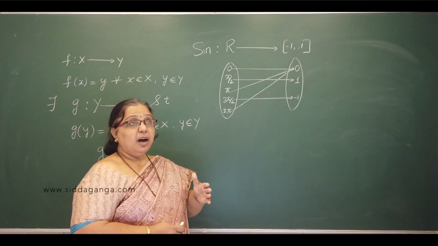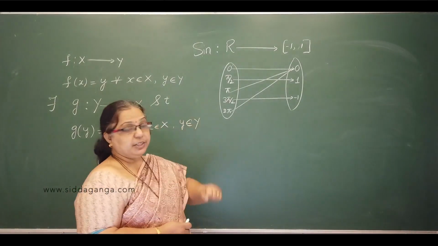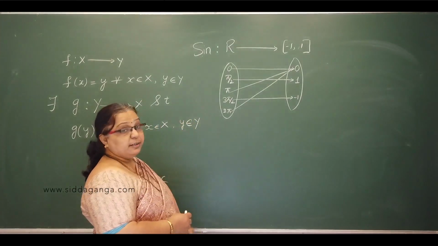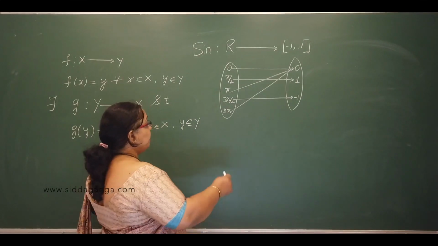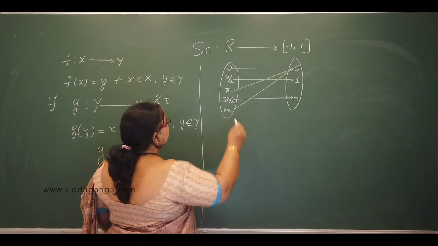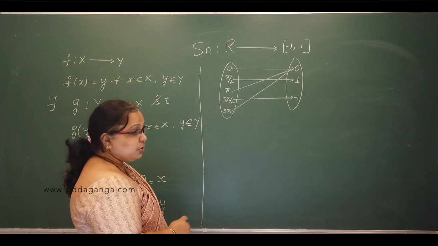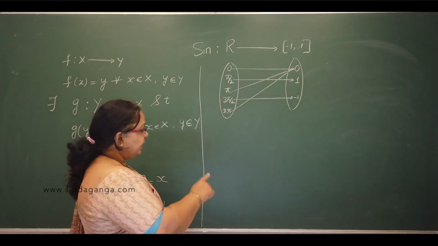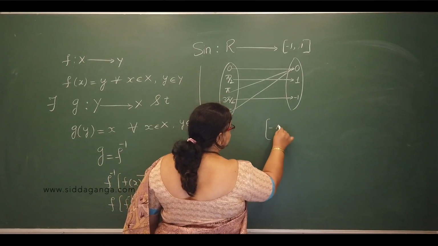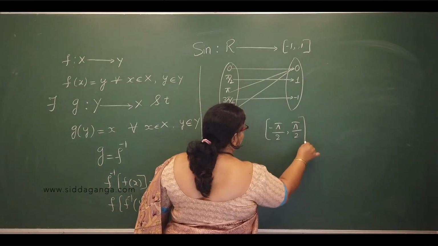Then how do we restrict it, such that it becomes a bijective function? The domain R of the sine function should be restricted to any of the intervals: the closed interval minus pi by 2 comma plus pi by 2.